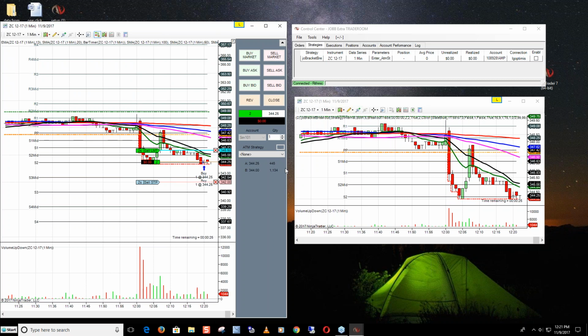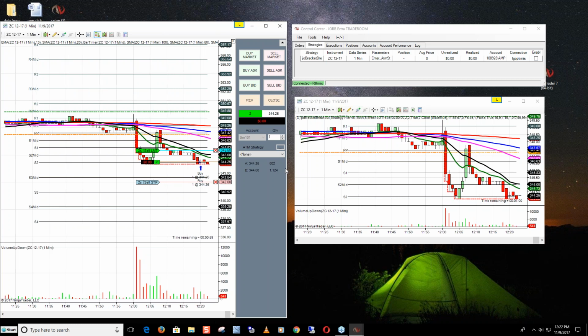See if this magnet trade works. It's not like the most powerful magnet trade. But it made a nice move down, so it's kind of ready for a reversal there at a new low.